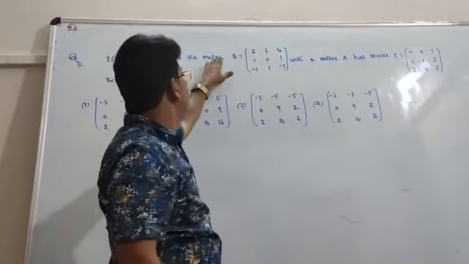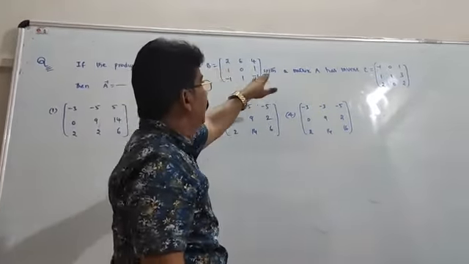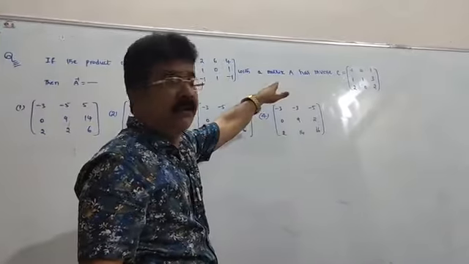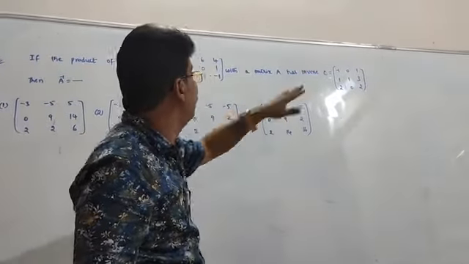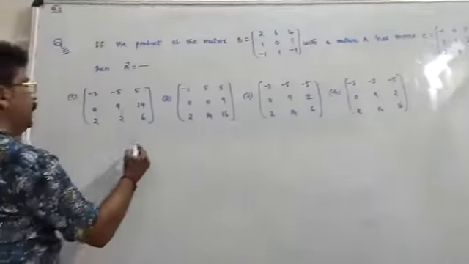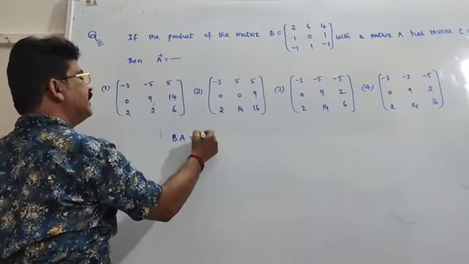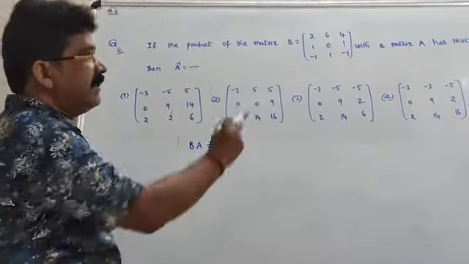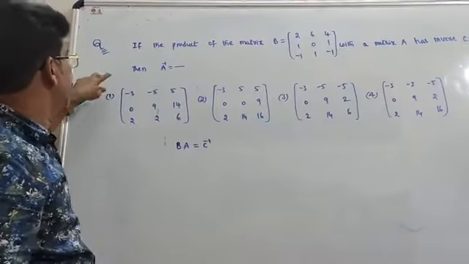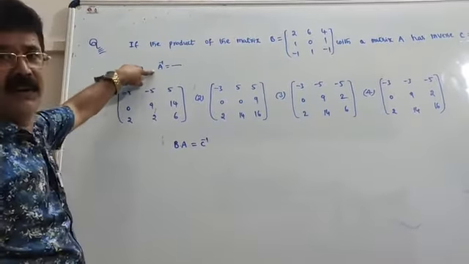The product of the matrix capital B with matrix capital A has the inverse C, means what? Product of B into A is C inverse. This is the meaning of the sentence. Next, then find A inverse.